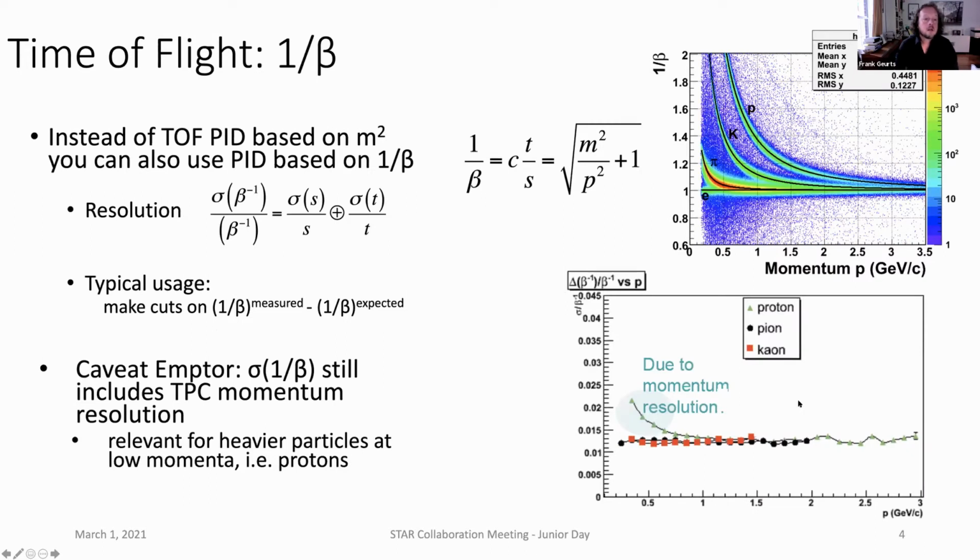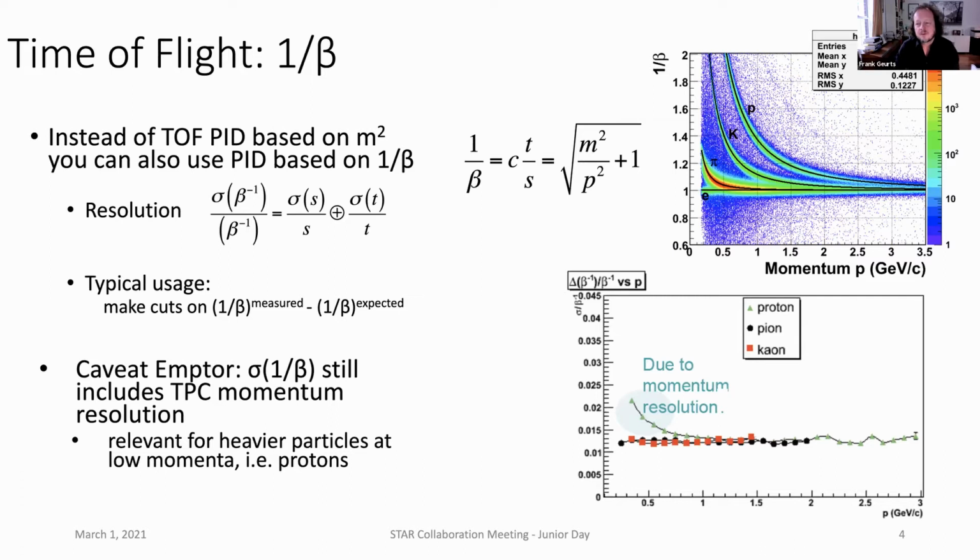Instead of doing PID based on m squared, you can also use 1 over beta, which makes it more clear that the resolution depends on the time resolution and the path length.